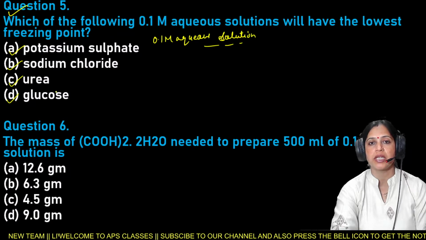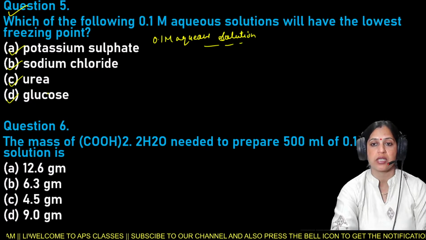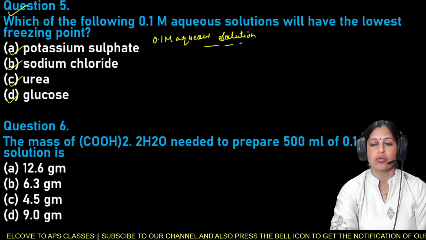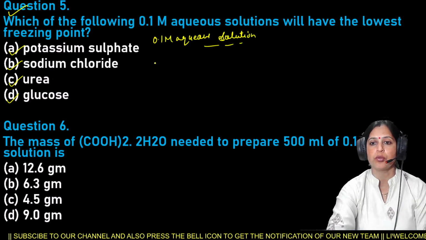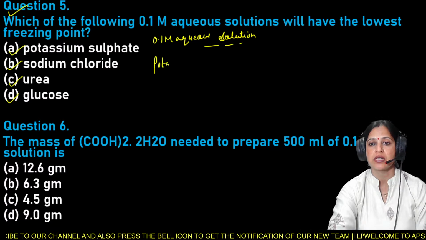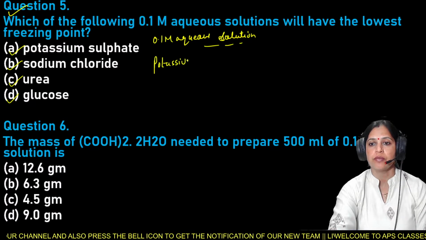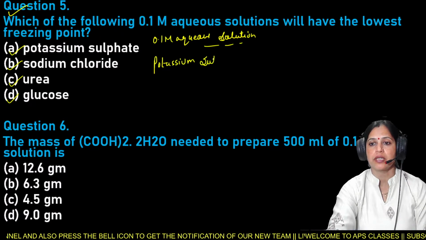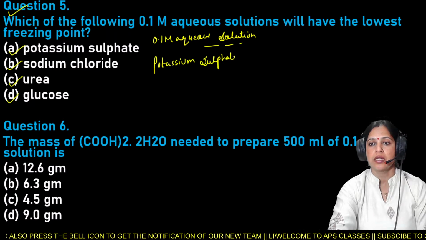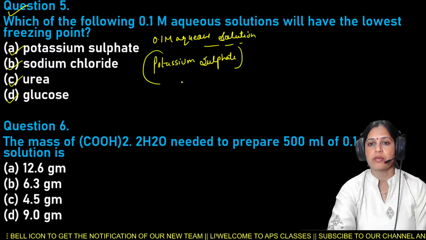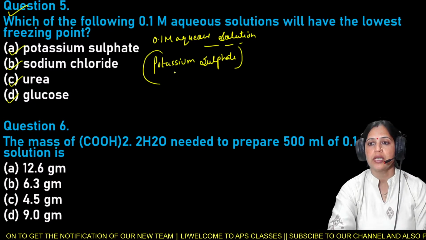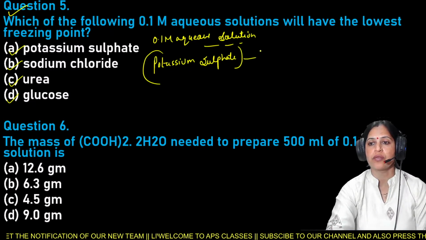Urea we know has the highest freezing point, sodium chloride also has a little bit higher freezing point, and glucose also, but potassium sulfate is the solution that has the lowest freezing point.